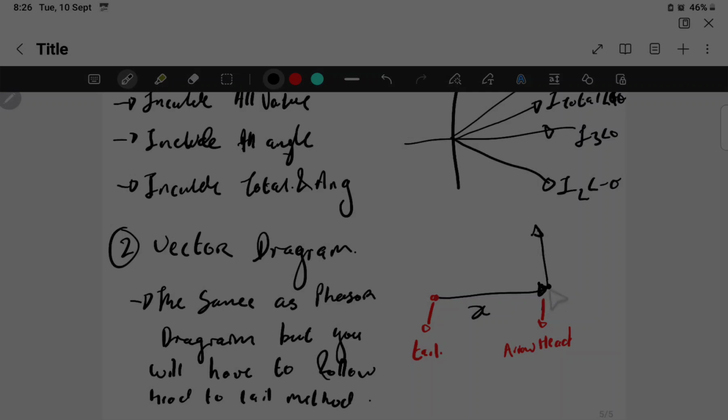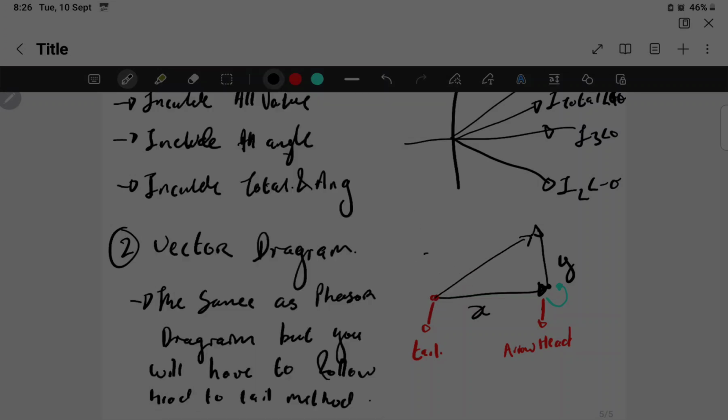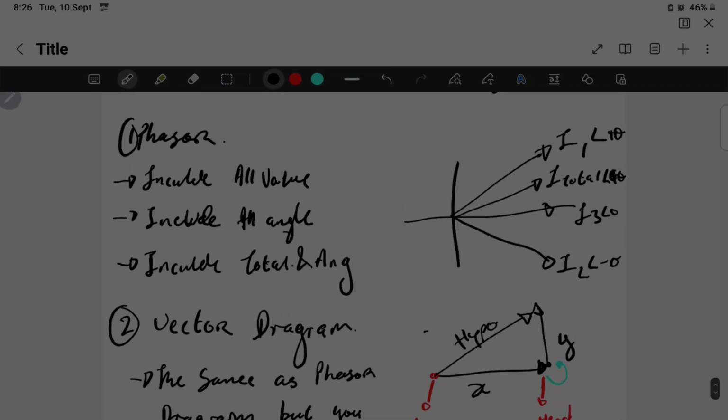Head to tail, head to tail. So that's your y. And then you can draw from your origin your hypotenuse.